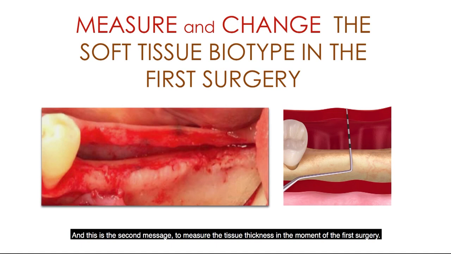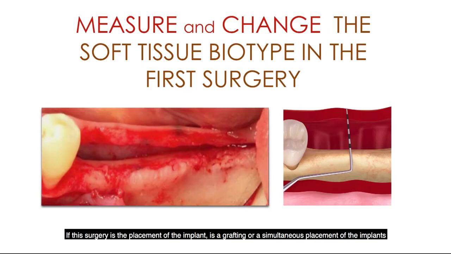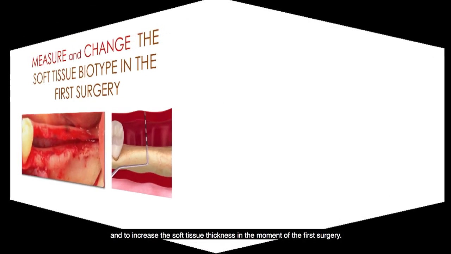And this is the second take-home message: measure the tissue thickness at the moment of the first surgery. If this surgery is an immediate placement of the implant, grafting, or a simultaneous placement of the implant and grafting, we need to measure the tissue thickness and the soft tissue biotype, and increase the soft tissue thickness at the moment of the first surgery.